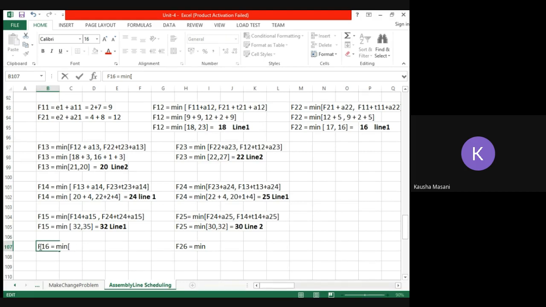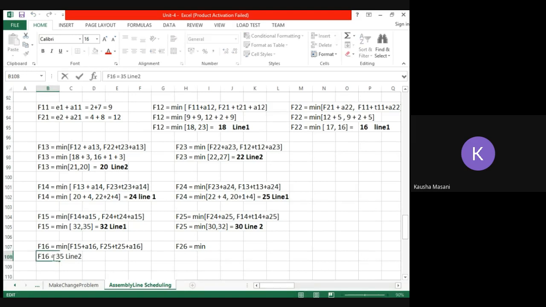Formula for F16: F15 plus A16, comma, F25 plus T25 plus A16. If you compute F16, you will get 35 as the minimum from line 2.